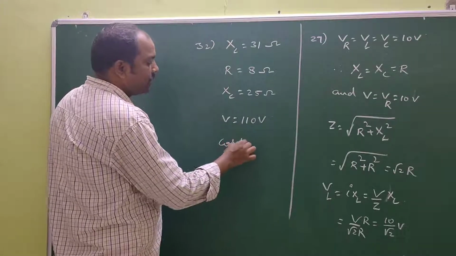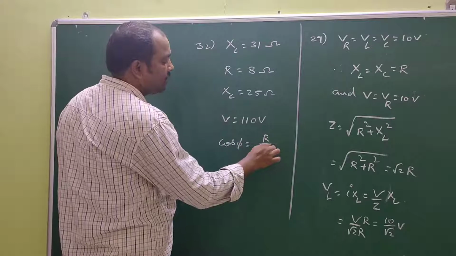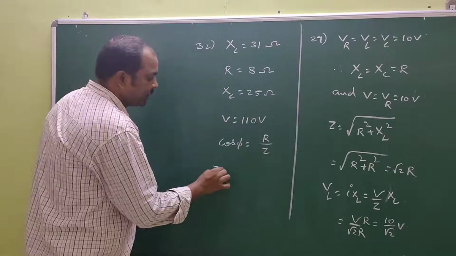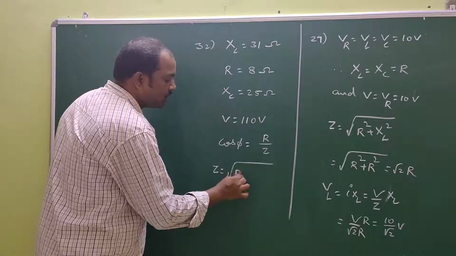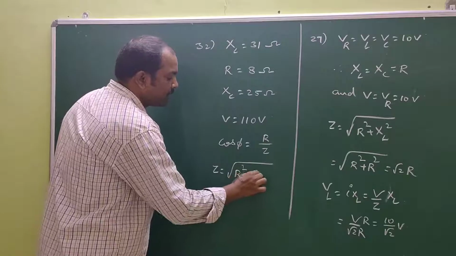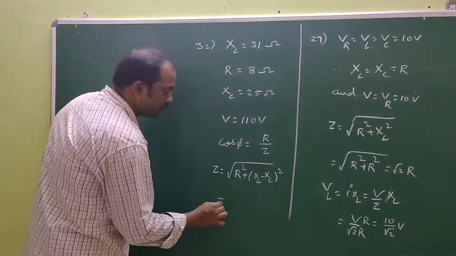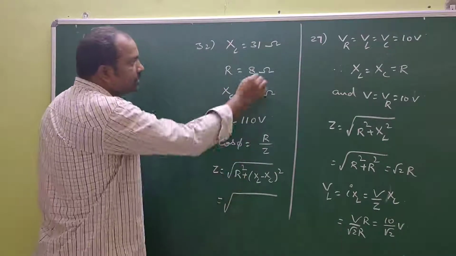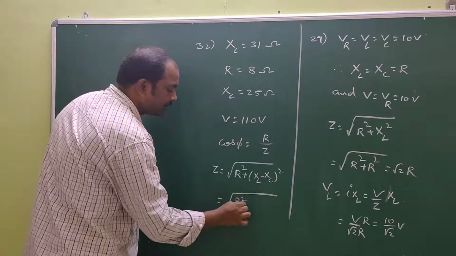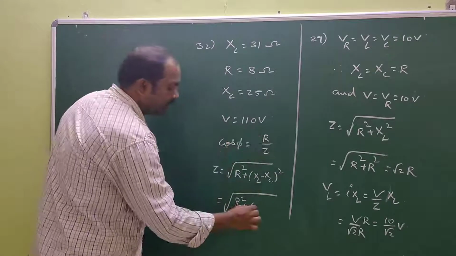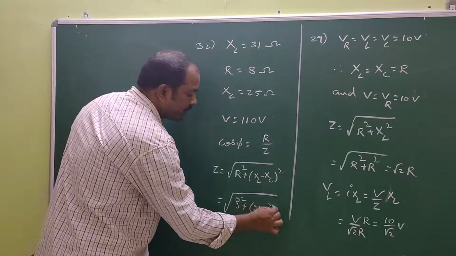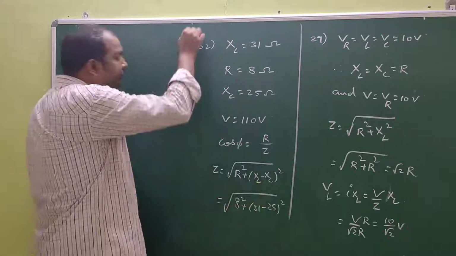Power factor is nothing but cos phi, that is R by Z. Z, impedance, is under root of R square plus (XL minus XC) whole square. Resistance is 8, inductive reactance 31, capacitive reactance 25.